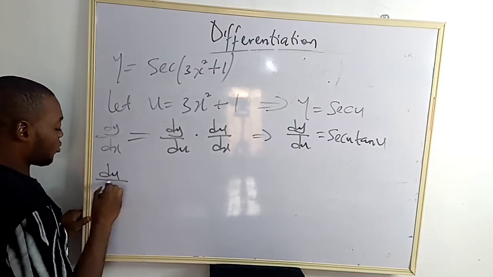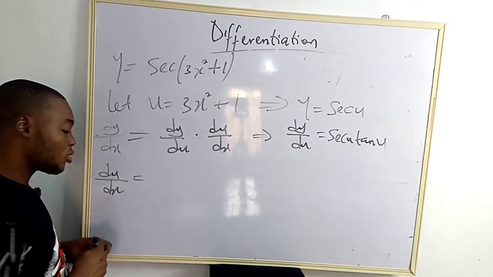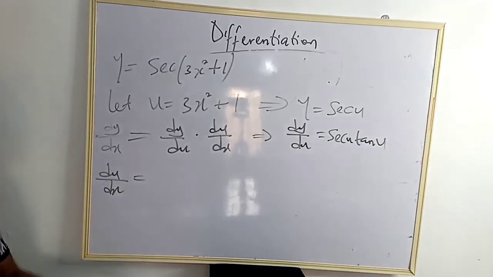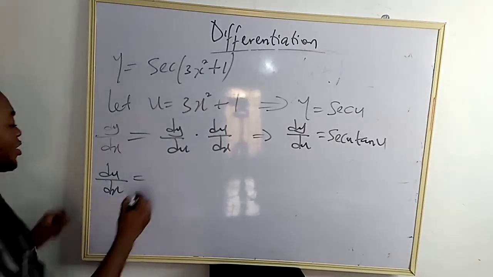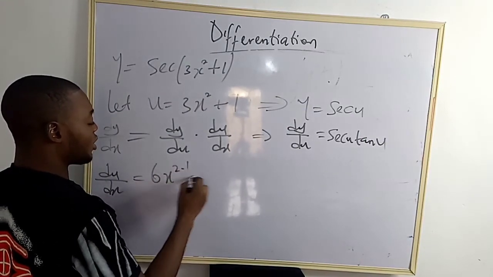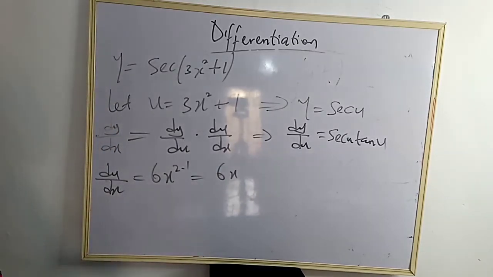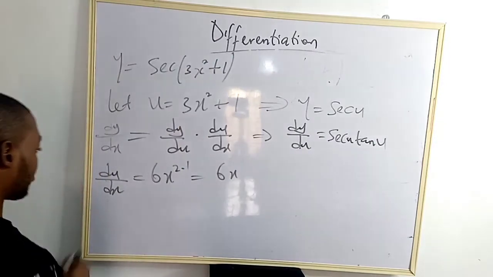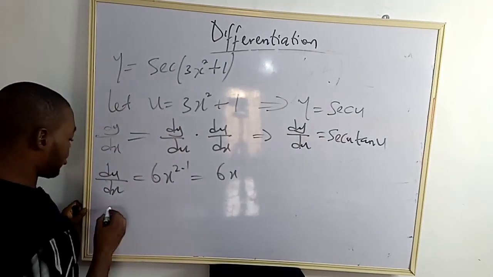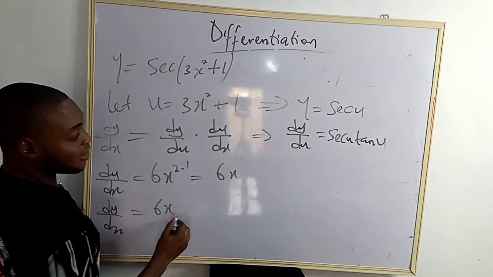Now du/dx. Our u is equal to 3x squared, so differentiate u with respect to x. 2 multiplied by 3, that's 6, and 6x raised to power 2 minus 1 gives you 6x. So now dy/dx will be equal to 6x multiplied by sec u tan u, right? You multiply both together.